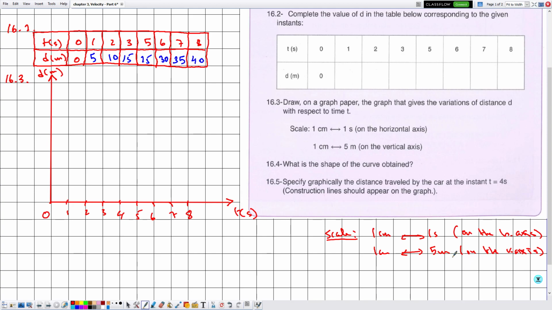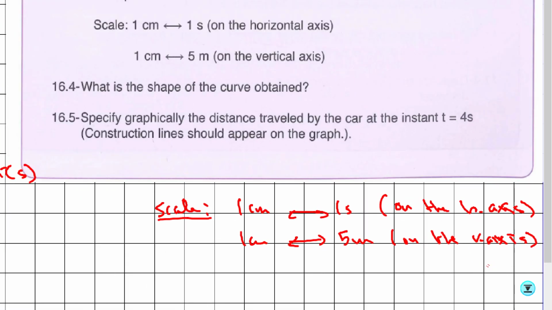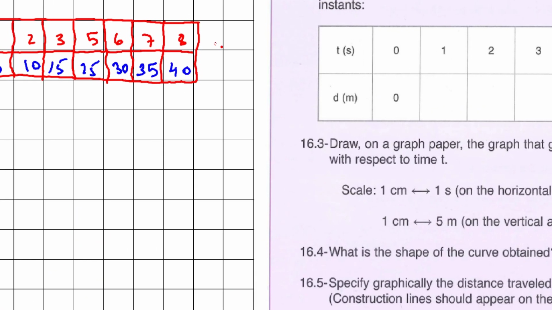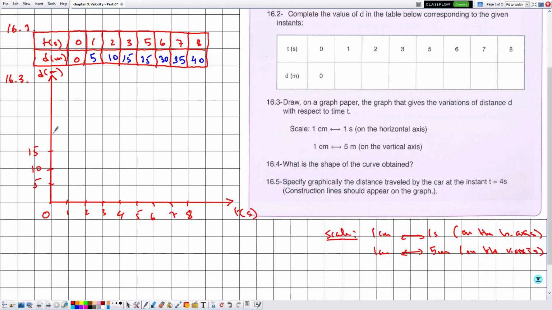As for the vertical axis, for each centimeter we are going to add 5 starting from the origin. So this is 5, 10, 15, 20, 25, 30, 35, and we stop at the largest value included in the table, which is 40 corresponding to the distance.